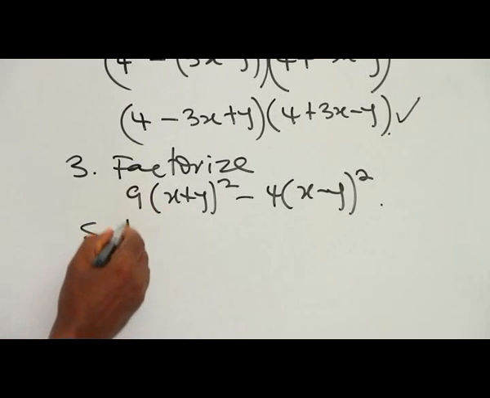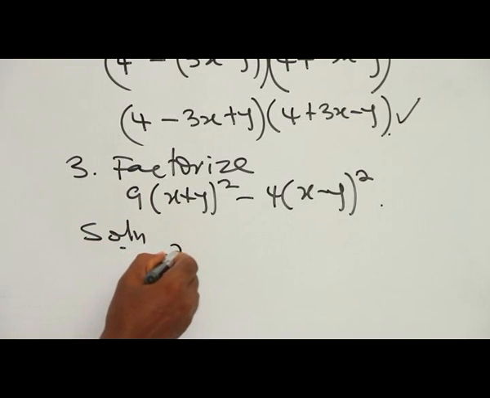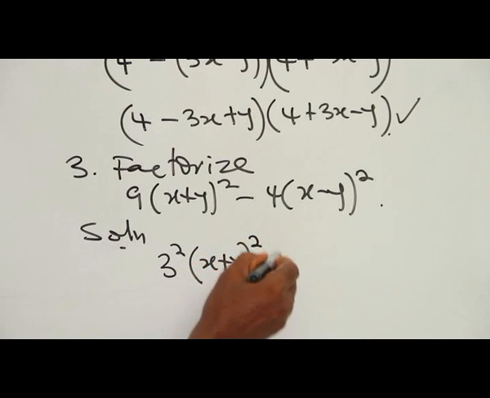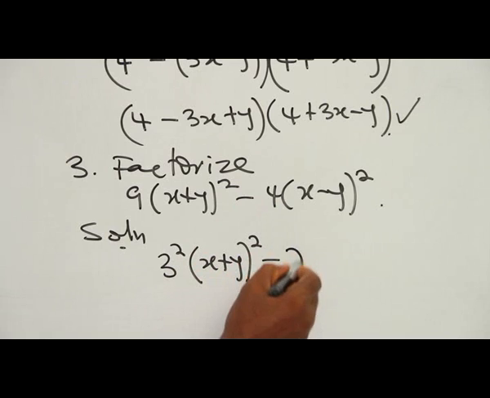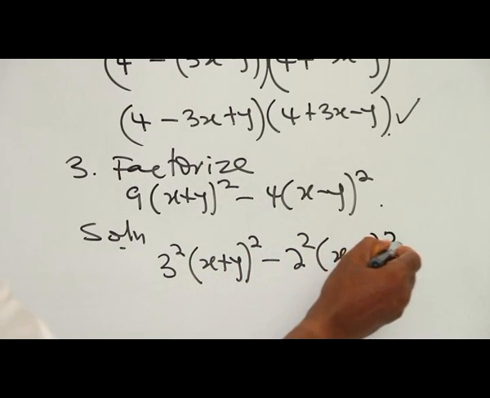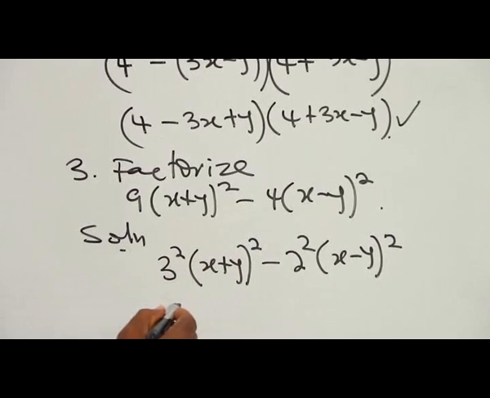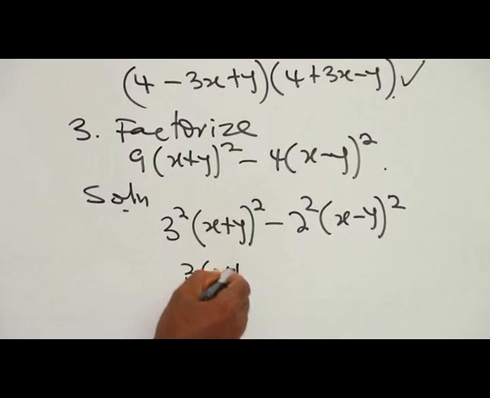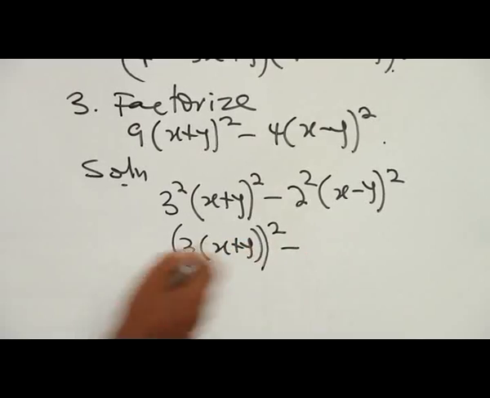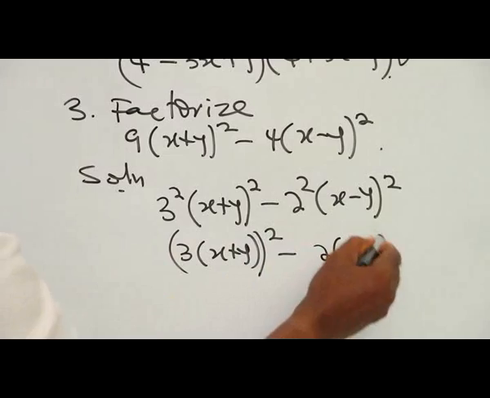So our solution, first of all, write 9 as 3 squared and is multiplying s plus y also squared. 4 can be written as 2 squared and it's also multiplying s minus y also squared. Now you realize that this can be written together. It means 3 into s plus y, everything here is squared, minus your 2 multiplying s minus y.